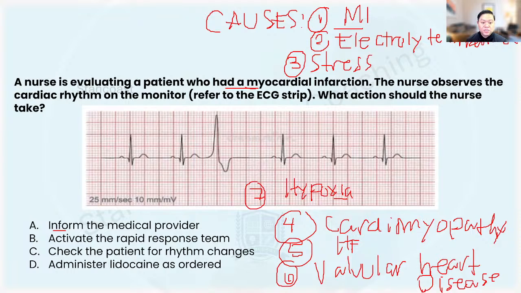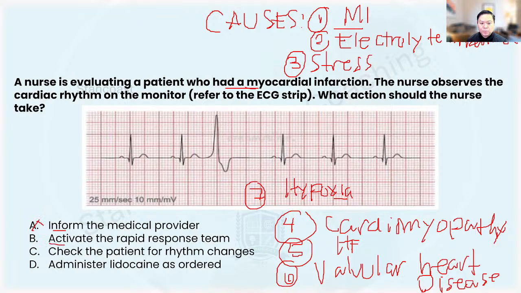It can be necessary though, if there are more changes in the EKG, if the PVCs become more frequent or more concerning, then that's the time that you need to talk to the medical provider right away. But again, for a single PVC, it's not a priority. Now, what about letter B?